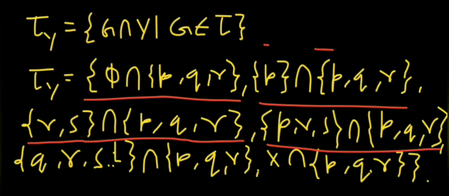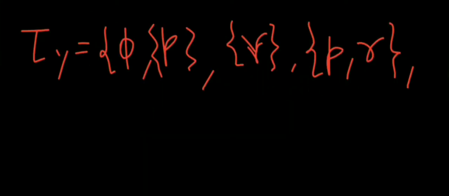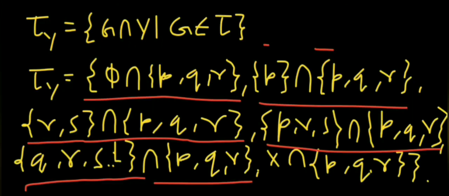Now come to the next member, {Q, R, S, T} intersection {P, Q, R}. Here 2 elements are common, Q and R. Come to the next, X intersection {P, Q, R}.